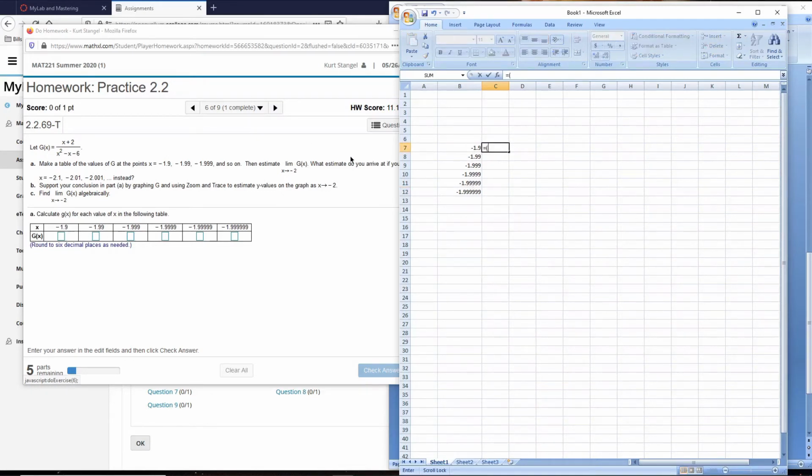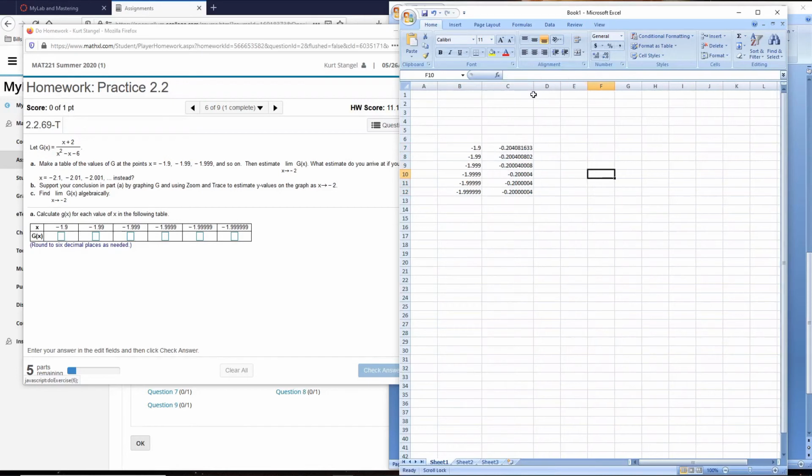So we're going to have x plus 2 all divided by x squared minus x minus 6. And so there's our equation, and with Excel we can just drag the equation down.